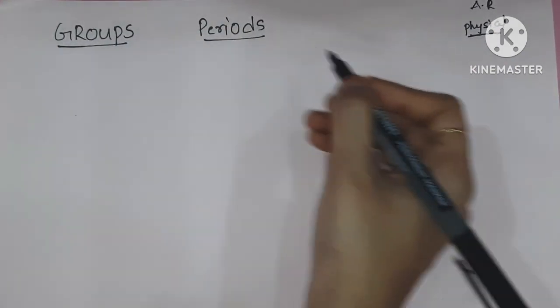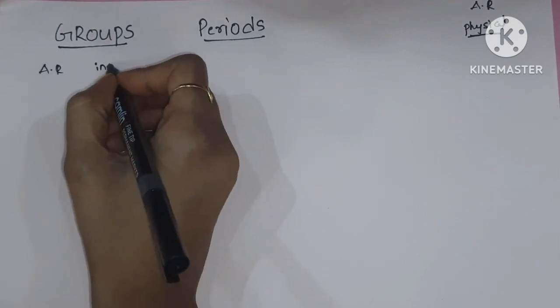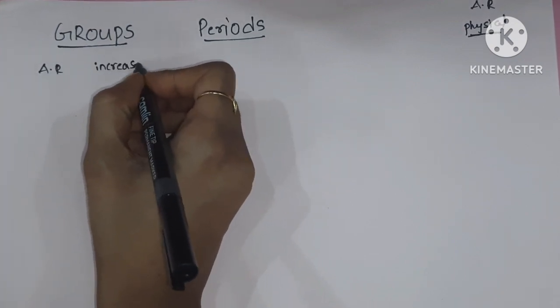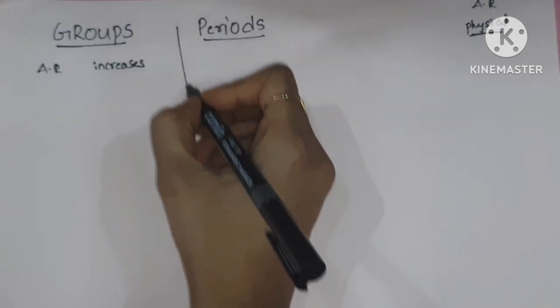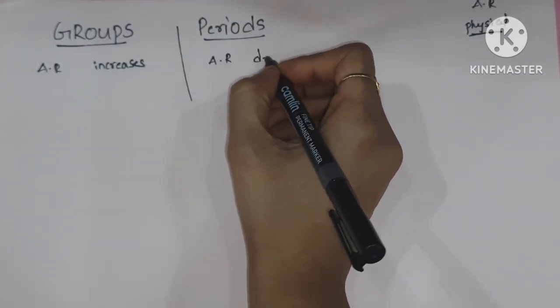In groups, atomic radius increases from top to bottom, and in periods, atomic radius decreases.